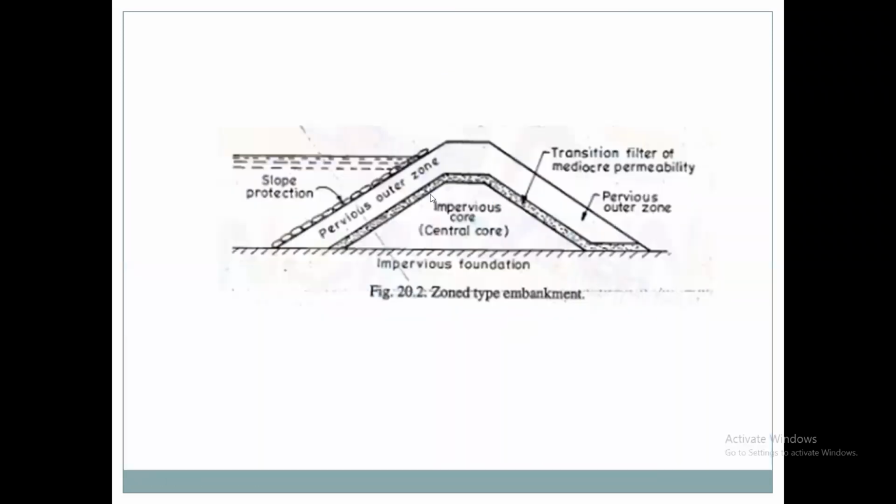Between the outer zone and inner zone, a transition filter is provided. This is the pervious outer zone. This is the impervious core, or impervious inner zone, the central core. Between them, this transition filter is provided. In this also, slope protection is provided on the upstream side to avoid erosion.